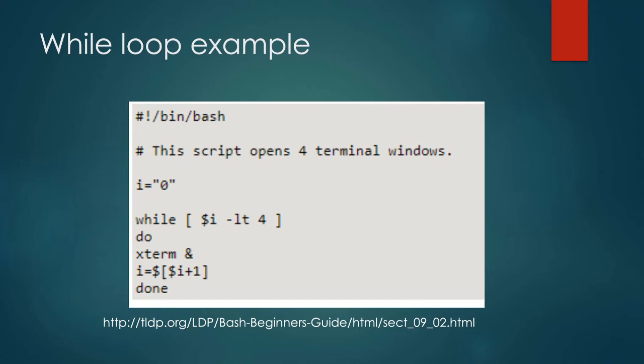So what's going to happen is on the first iteration, I is going to be 0. 0 is less than 4, so a window will open. I will then add 1 to I so that I is now 1. Now, this is very important. When we are looking at loops, we need to make sure that we have some variety of counter to make sure that we are able to have a stop to the loop.